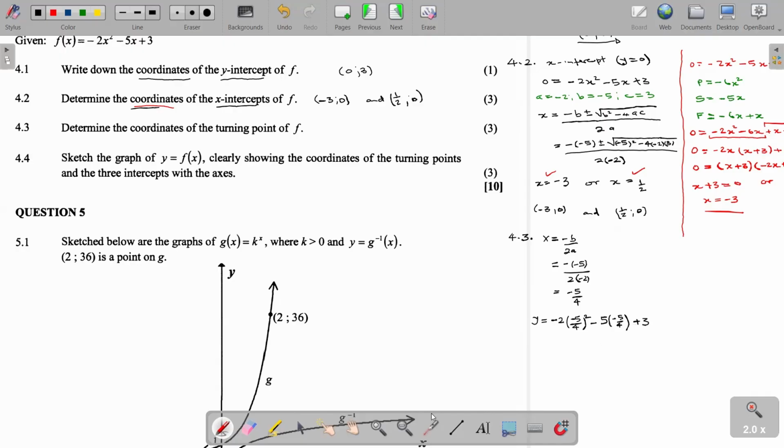Then we go to our calculator. We substitute on our calculator.